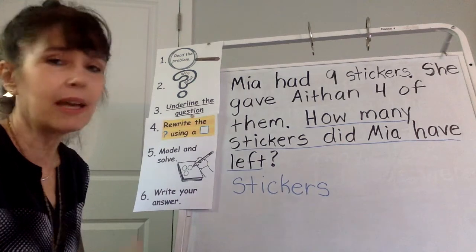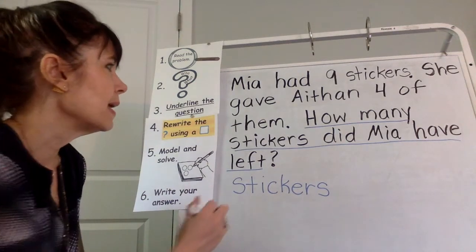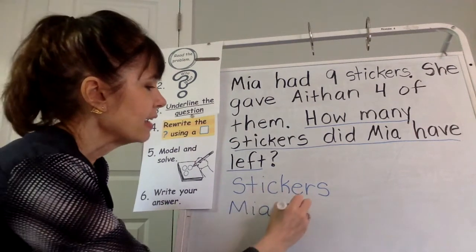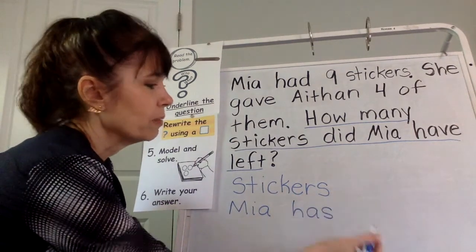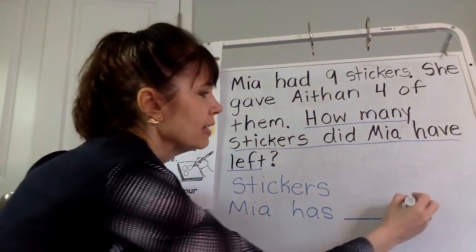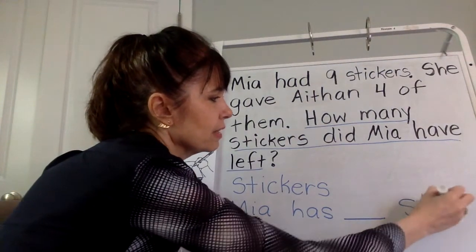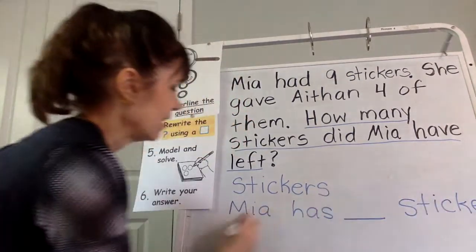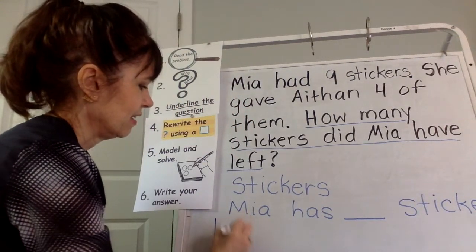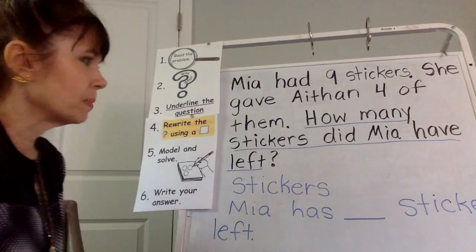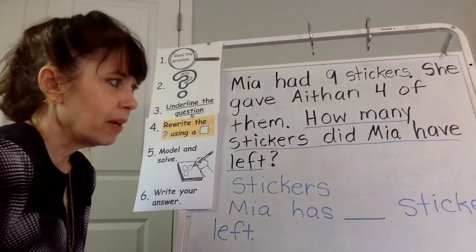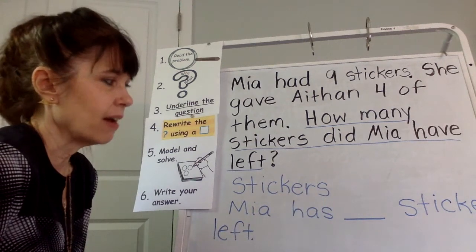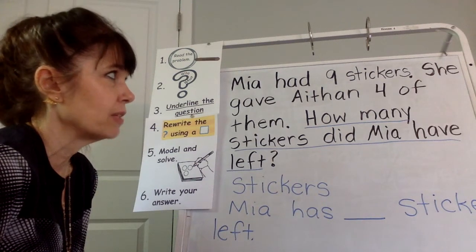If I turn that into a statement, it would be, Mia has, now here's where the blank comes in, blank stickers left. All right, Mia has blank stickers left. Now we know what we're trying to find out. So that blank is what we're trying to find out. How many stickers does she have left?